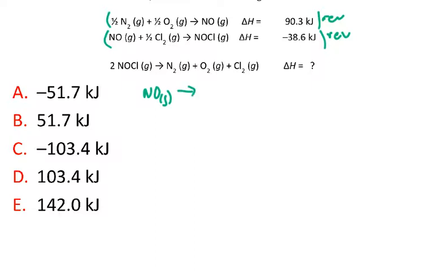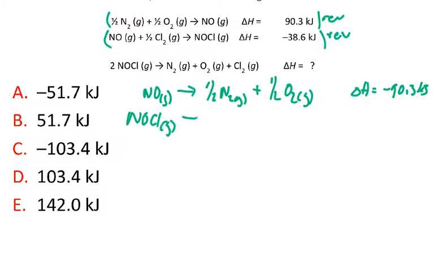So NO goes to 1/2 N2 plus 1/2 O2. And then my delta H becomes negative 90.3 kilojoules. Reverse my bottom one.